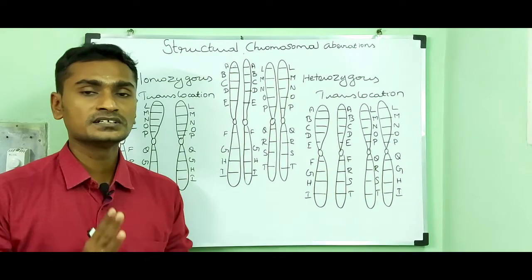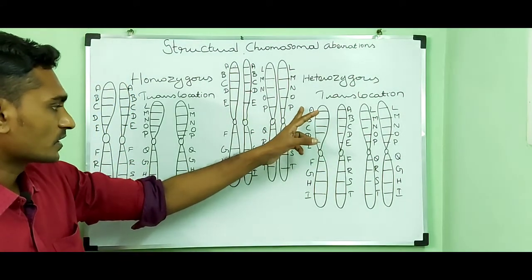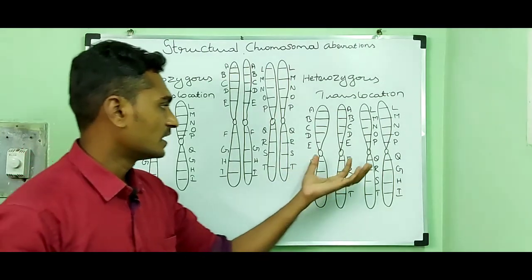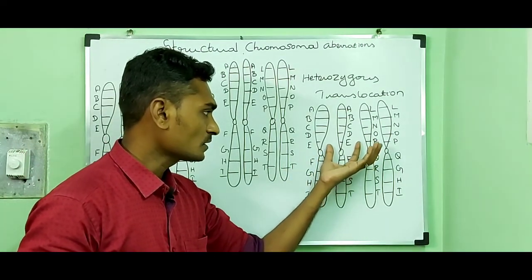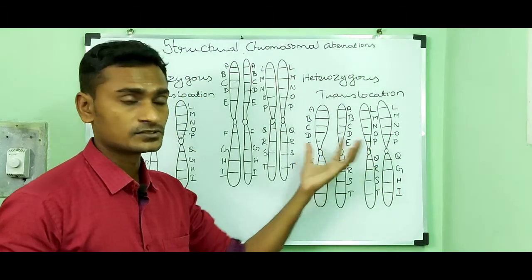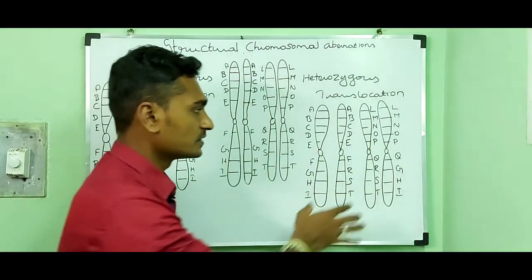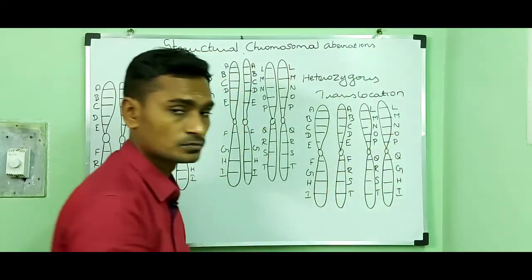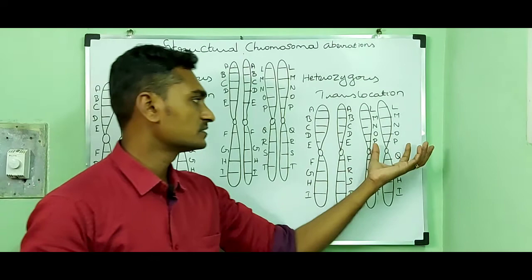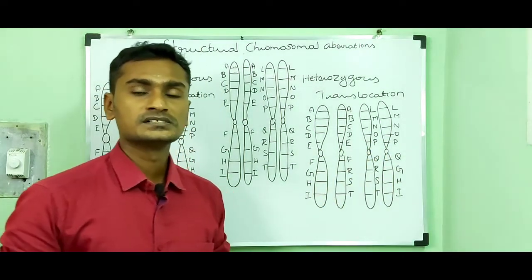So here you can find this chromosome in normal condition and this chromosome involved in the translocation process, and in this other pair of homologous chromosomes, this chromosome is normal and this one is involved in translocation.